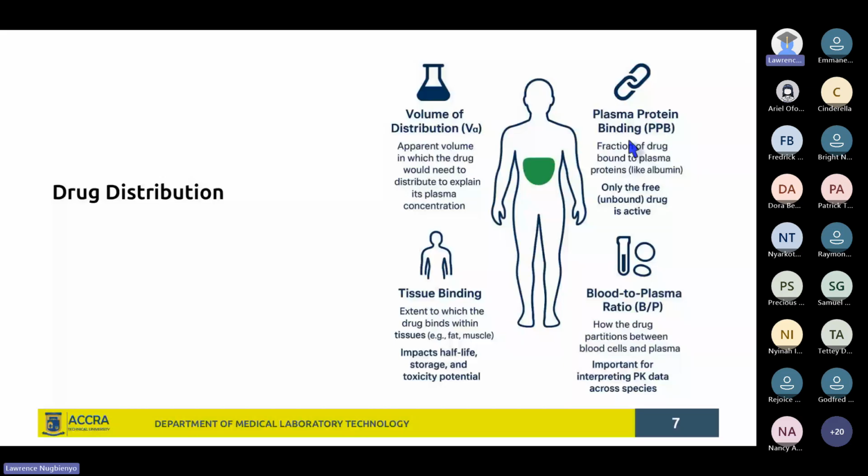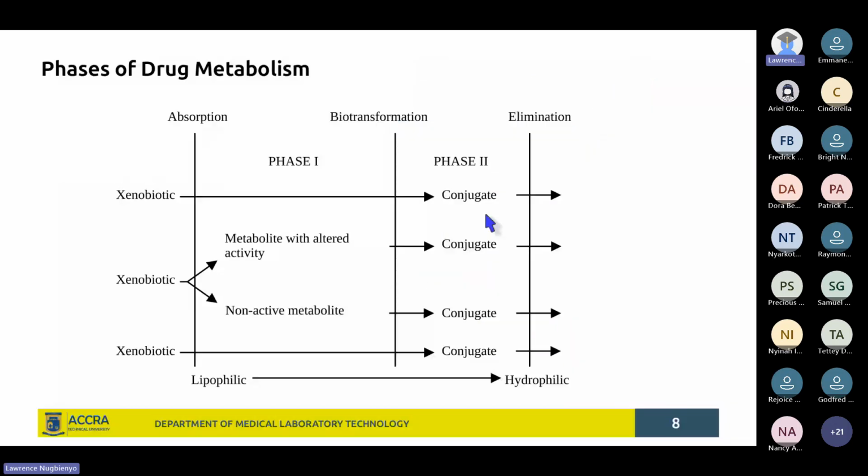Now, when we take metabolism of the substance, when we are looking at the main biotransformation process itself, we can have this divided into two phases, what we refer to as phase 1 and phase 2.